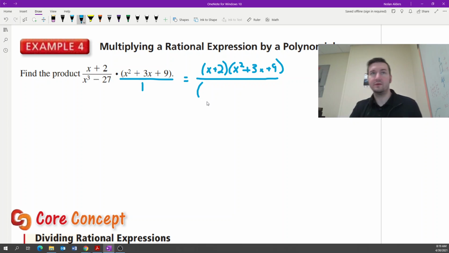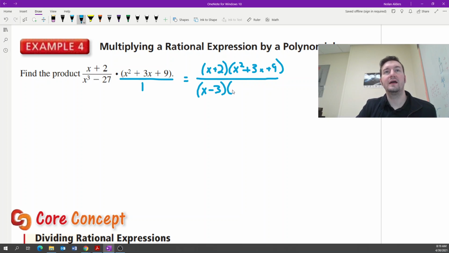Yeah, it's x minus 3 times a squared, which is x squared, plus ab, which is plus 3x, plus b squared, which would be 9.